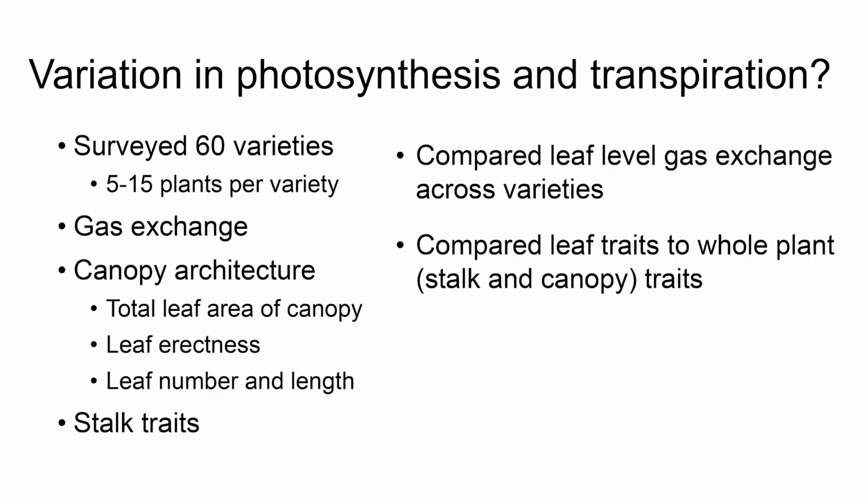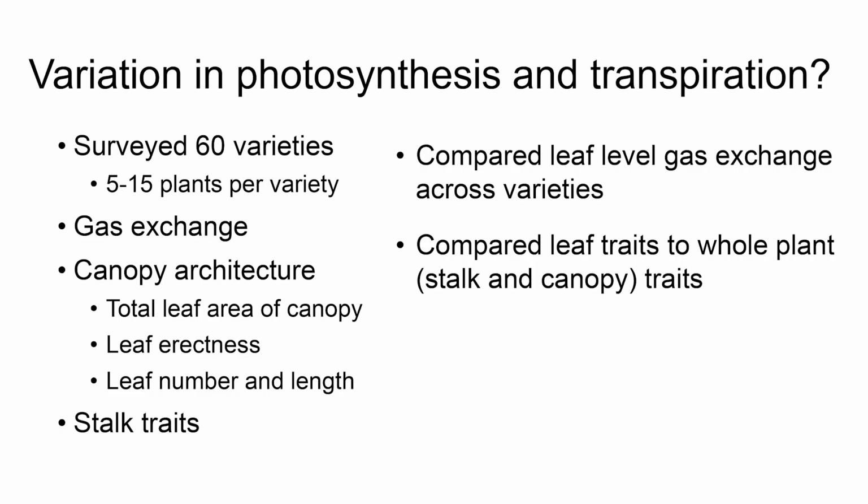We surveyed 60 different varieties, measuring photosynthesis, or what we call gas exchange, which is the movement of water out of the plant and CO2 into the plant, from about 5 to 15 plants per variety, to see how variable the trait is, and also how much variation there is between varieties.